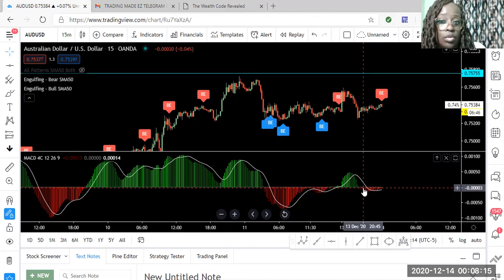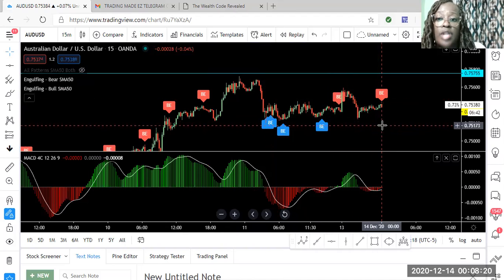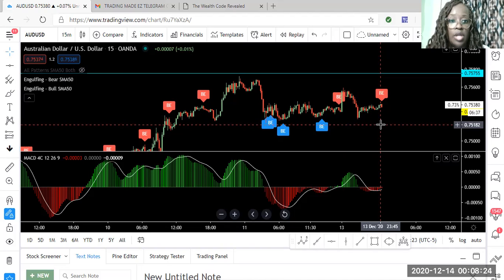Remember, these particular indicators will populate when an engulfing candle appears, no matter if it's at the high or the low. So you have to, again, have a trading plan that you follow, right? The indicator can't be your trading plan.